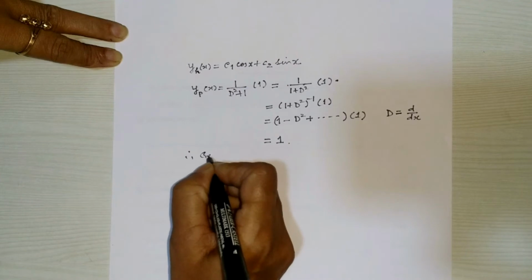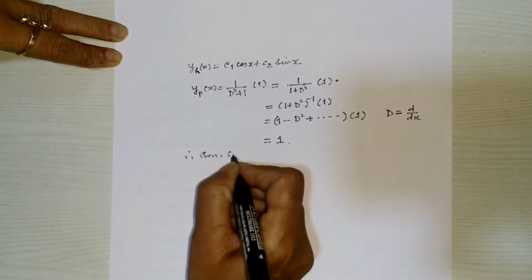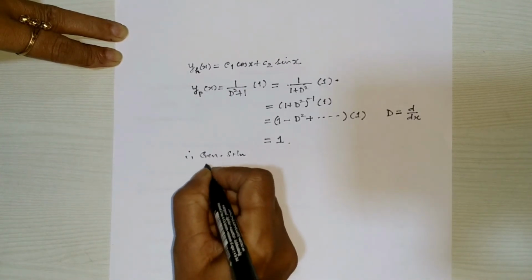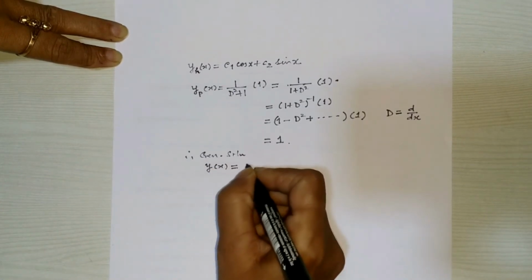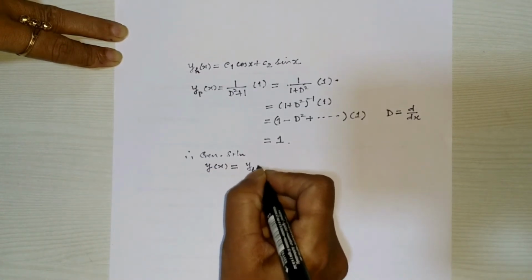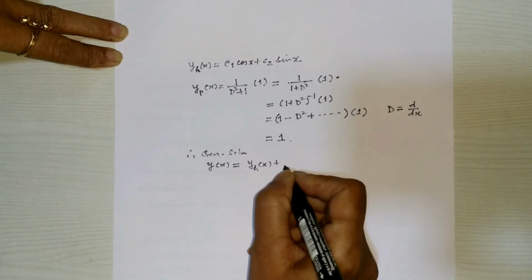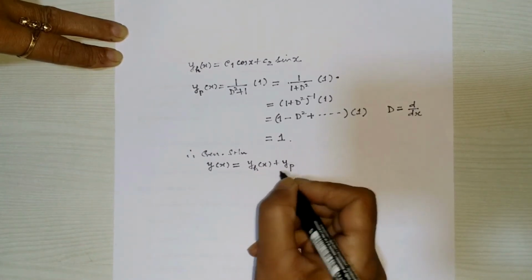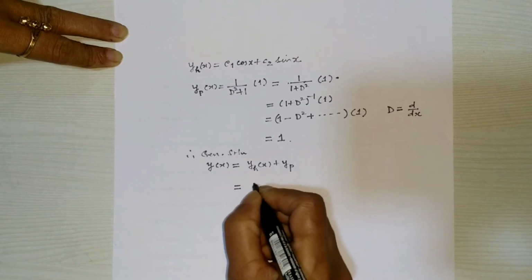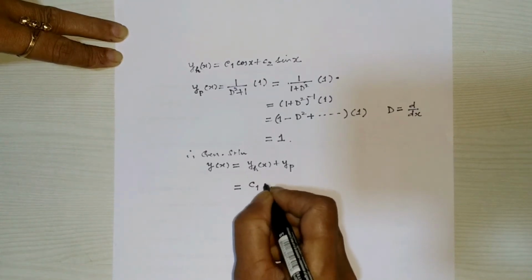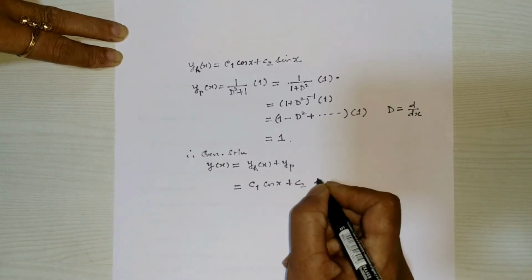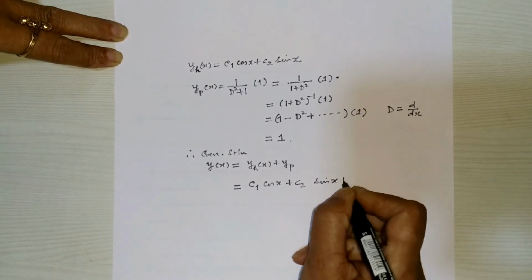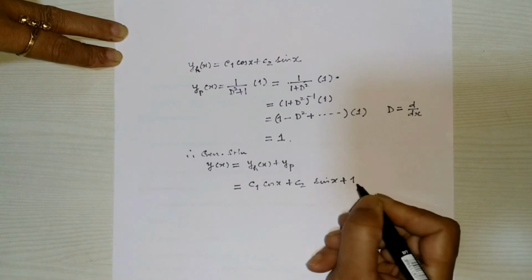Therefore, the general solution for this equation is the sum of the homogeneous part plus the particular integral y_p, which is equal to C1 cos x plus C2 sin x plus 1.